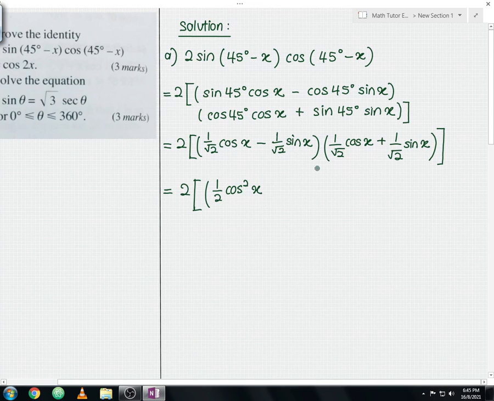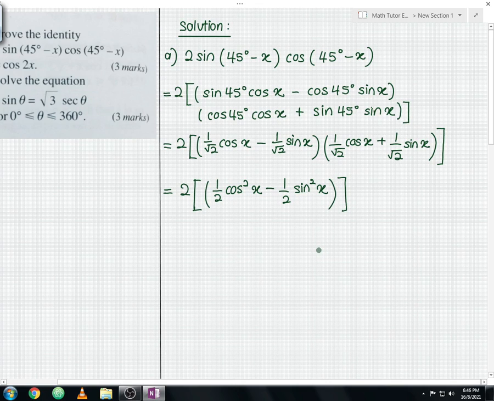And then followed by negative 1 over square root 2 sin x, and then you times with 1 over square root 2 sin x. So from here, you should get minus 1 over 2 sine square x. Close bracket.